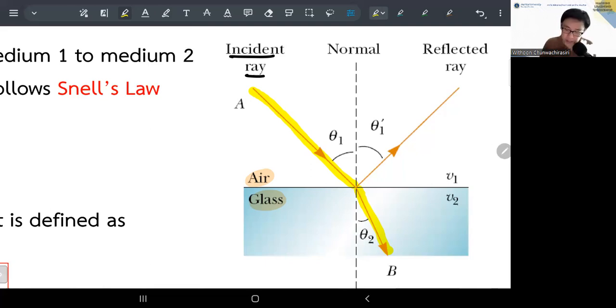The good thing about this figure is that the reflection sort of tags along all the time. Every time waves have to change the medium, there will be both reflection and refraction all the time.